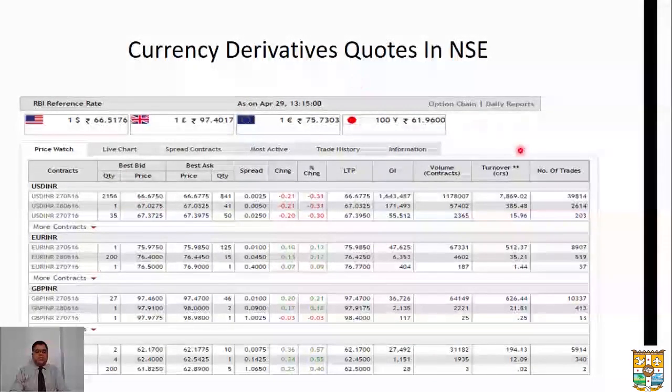So this quotation you can get in the NSE website, which is www.nseindia.com. So you have to go to the live market tabs and look for currency derivatives over there. Under that particular link, this screen is given. You can refer to the screen at any point of time.